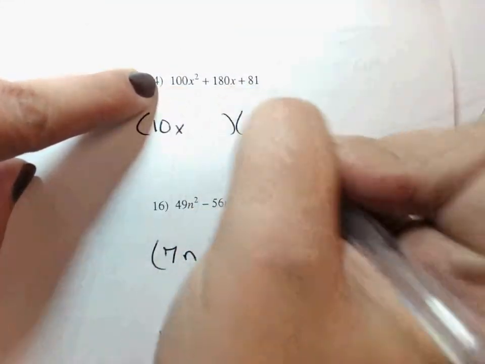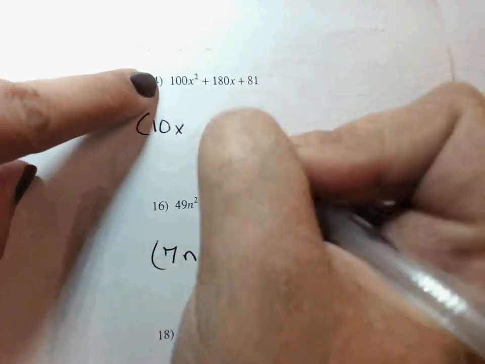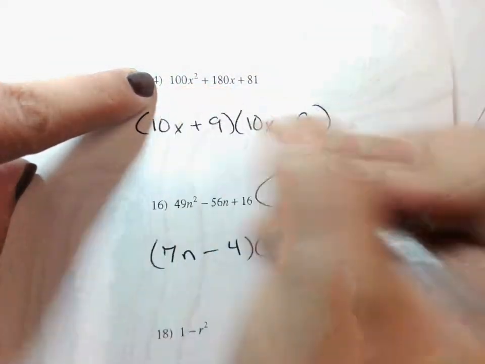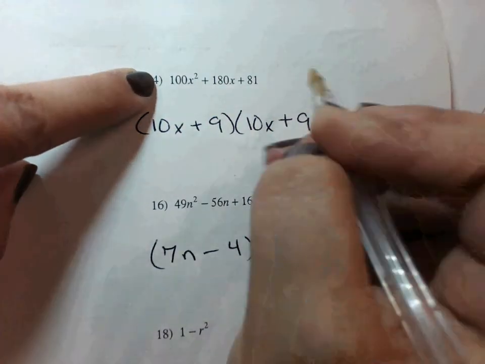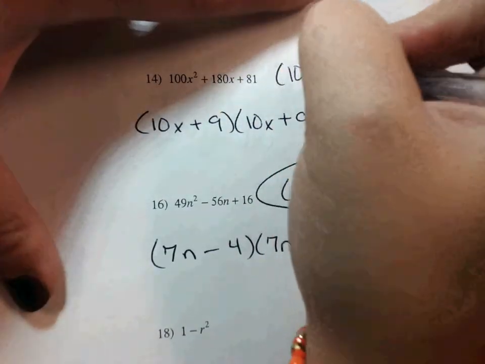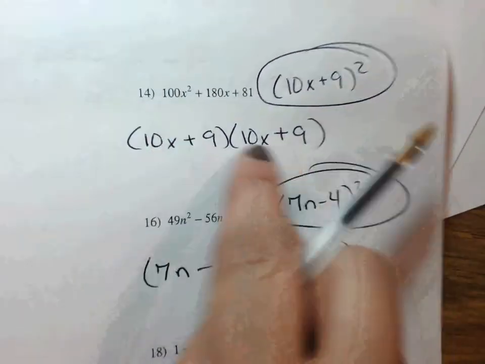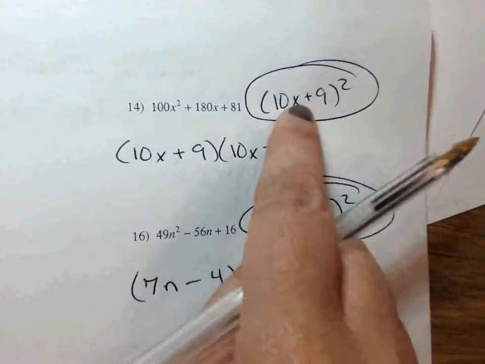The square root of 100 is 10. Square root of 81 is 9. But the middle this time is positive, so they're both going to be positive. So it is 10x plus 9 squared. There's 2 of them. That's why we're putting squared.